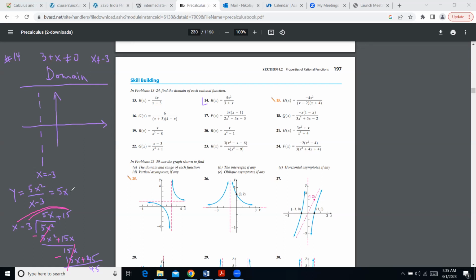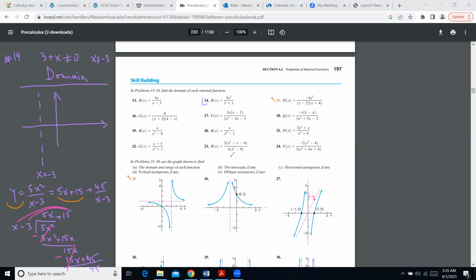So here's our new expression for this function. It's 5x plus 15, and there is also the number 45 that I still have to divide by x minus 3. Once you have this result, this is y, and this is 5x plus 15.